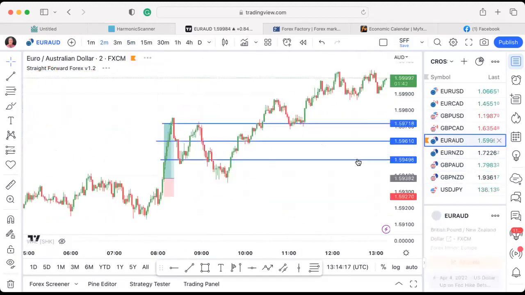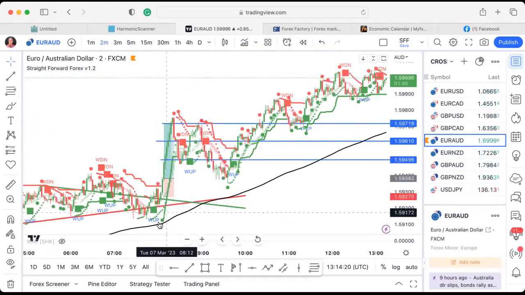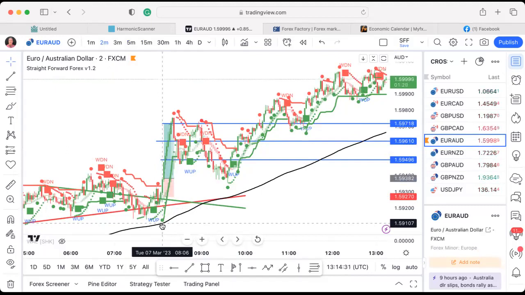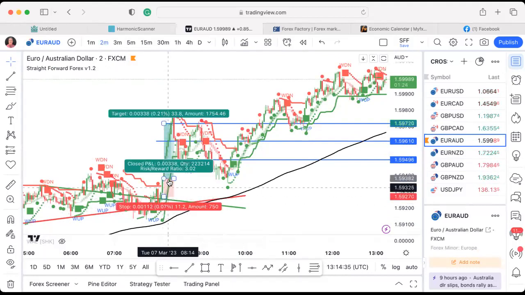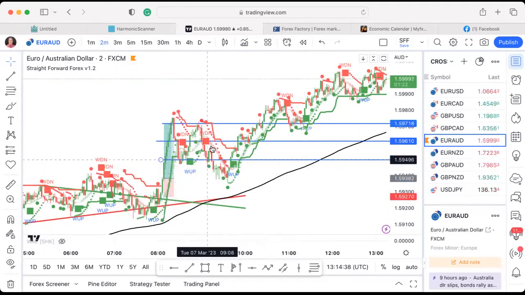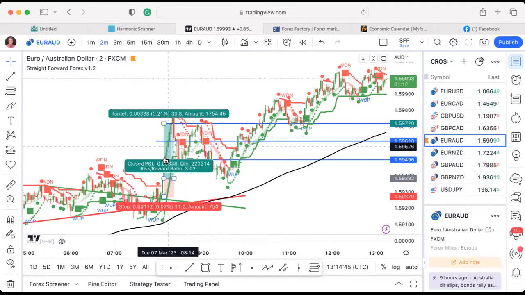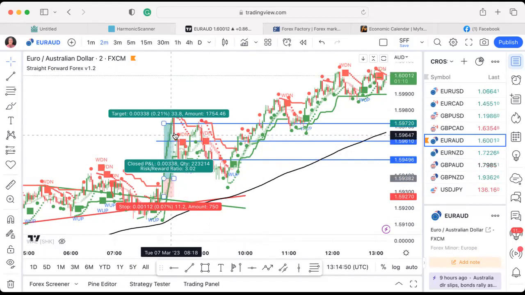The reason I left this one till last was this didn't occur until after 8 o'clock. The move started just after 8 o'clock. So technically it's not a crossfire trade, but it is a crossfire pair, and using the strategy, price went above the green line, and it went to 1 to 3, risk to reward of 1 to 3, almost instantly, within 30 minutes, I think it was 20 minutes.